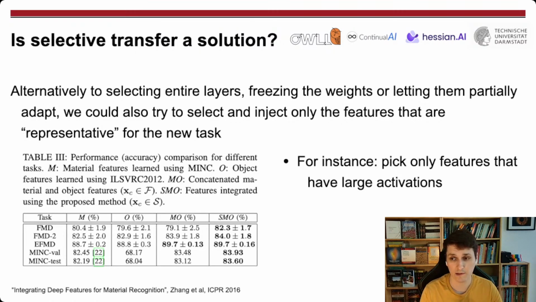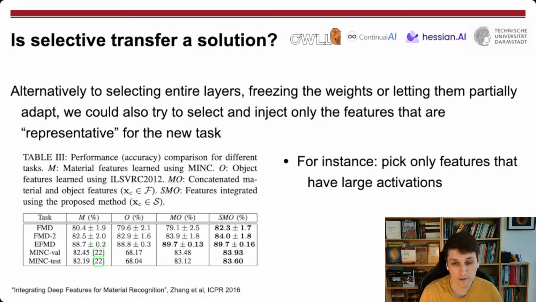A measure of relevance, if we think back to our idea of embeddings and activations, would be: let's extract only the features that actually have high activations. So features where we are more or less sure that they are not completely useless, so they couldn't also harm us. And in fact, this has been in the literature.